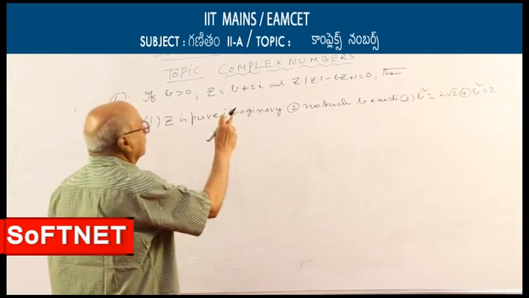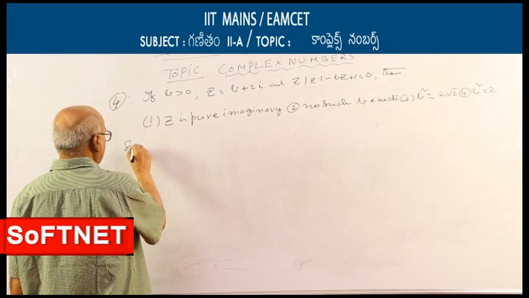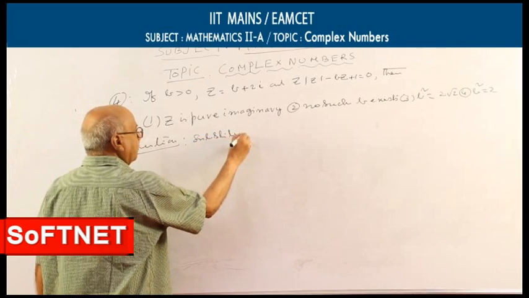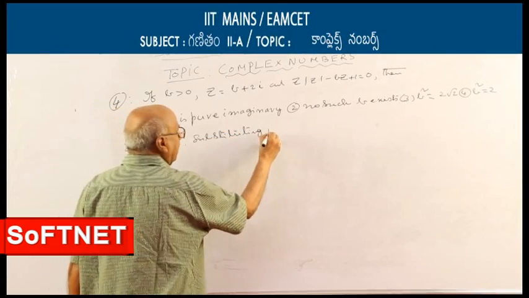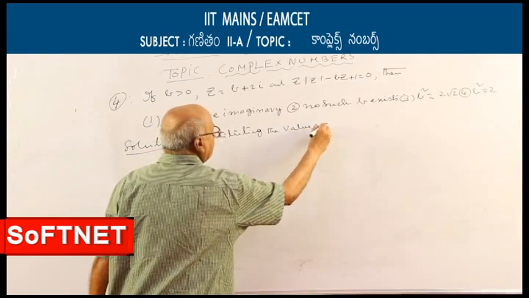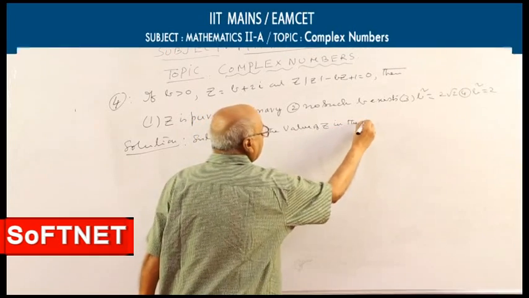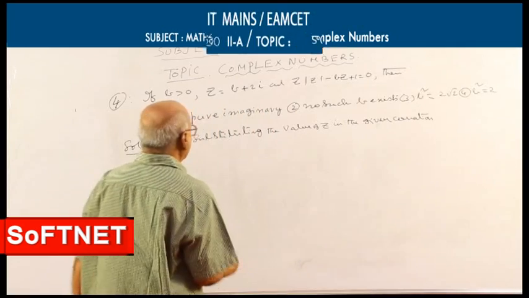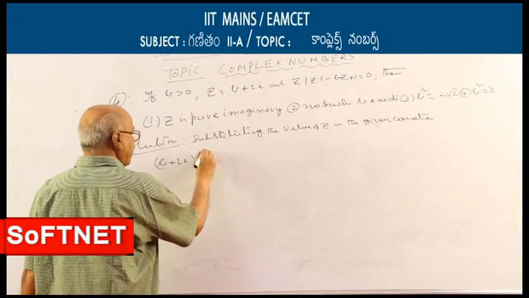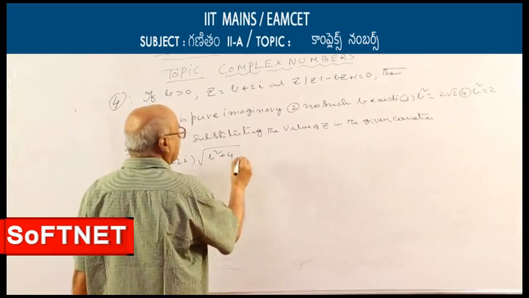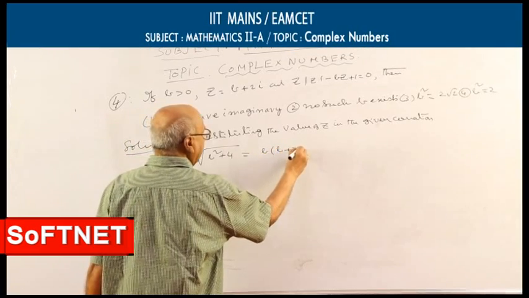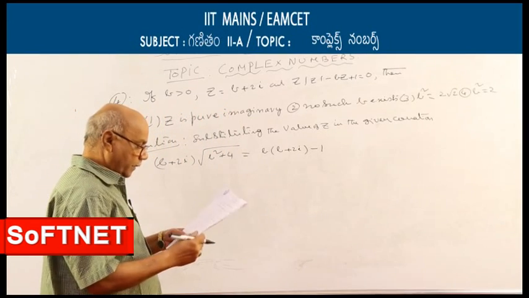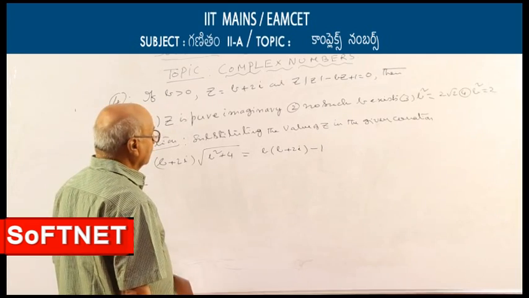Right. So now substituting the value of z in the given equation, b plus 2i into the square root of b square plus 4 is equal to b into (b plus 2i) minus 1. Right.